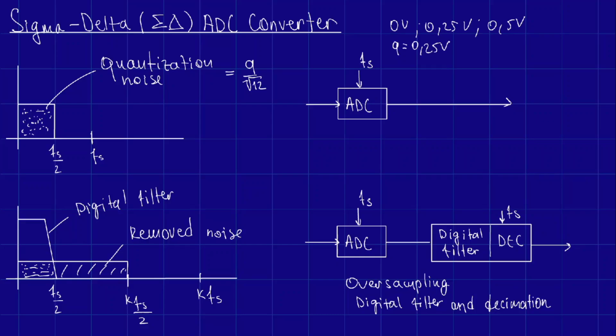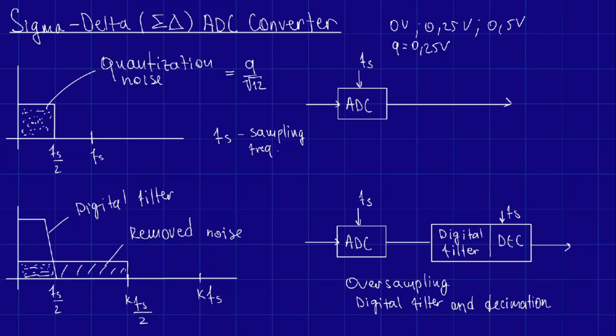And the reason this noise is contained within an interval from 0 to Fs divided by 2 is the Nyquist theorem. Fs means the sampling frequency, which means how many snapshots basically we take of the analog signal to reconstruct it into a digital one.